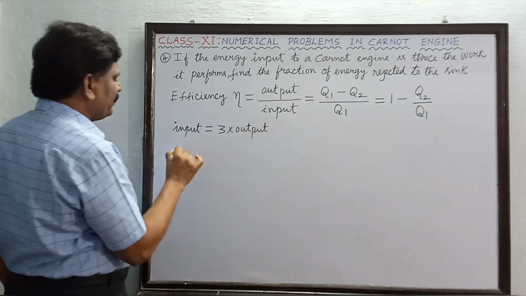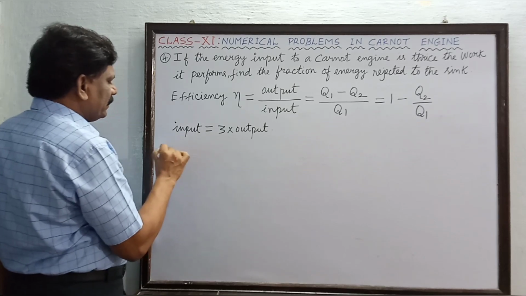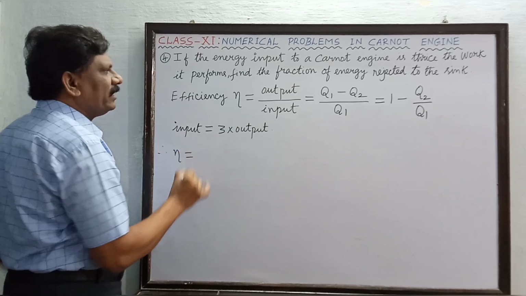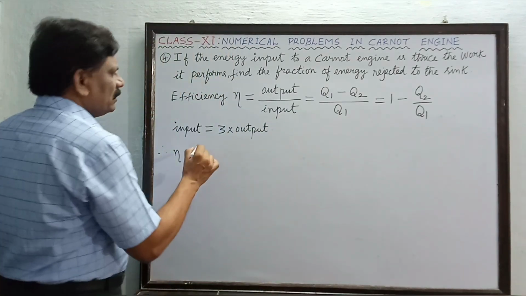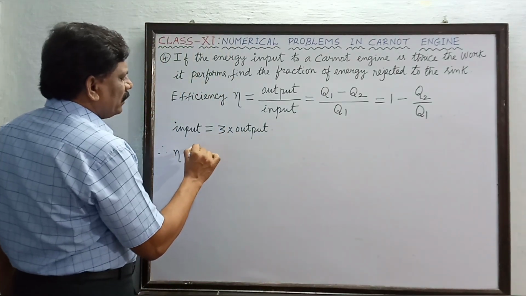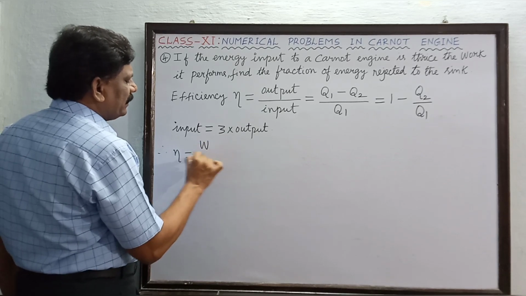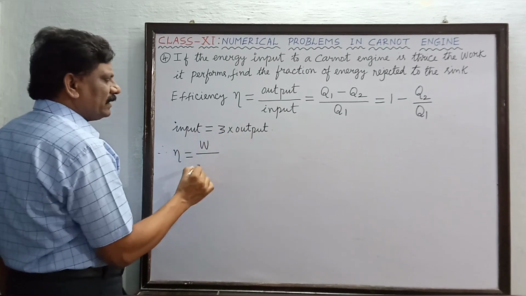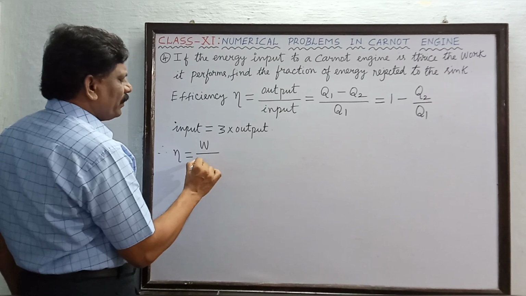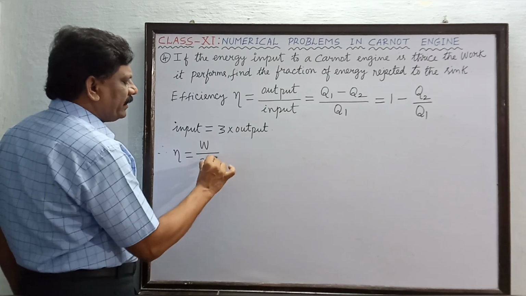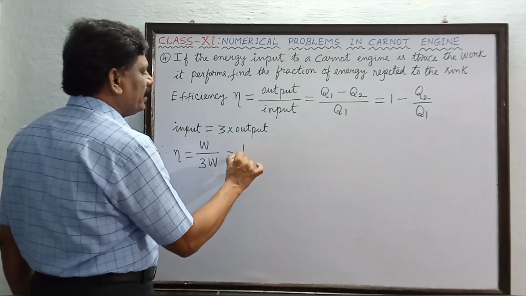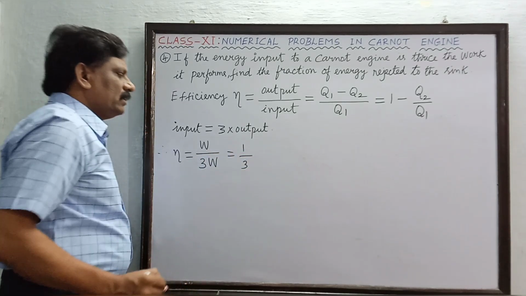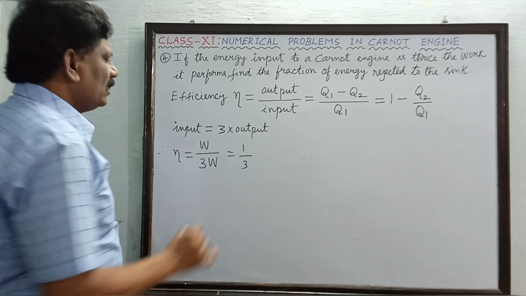Therefore efficiency is equal to output by input. Output is W, and input is 3 times the output, so this is 3 times W. So this is equal to 1 by 3.